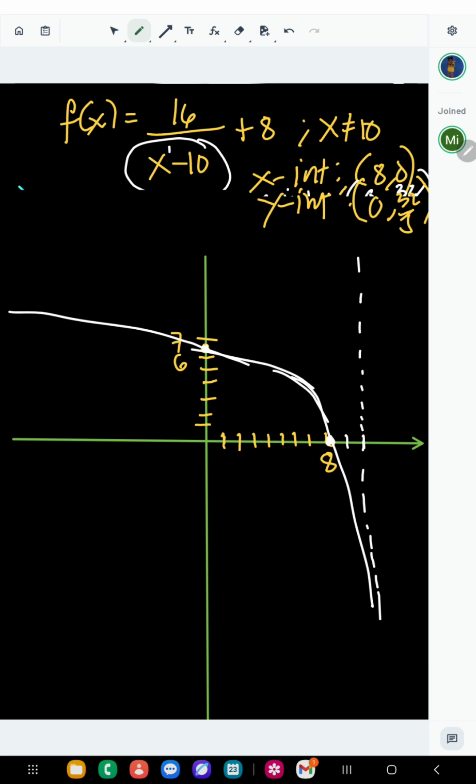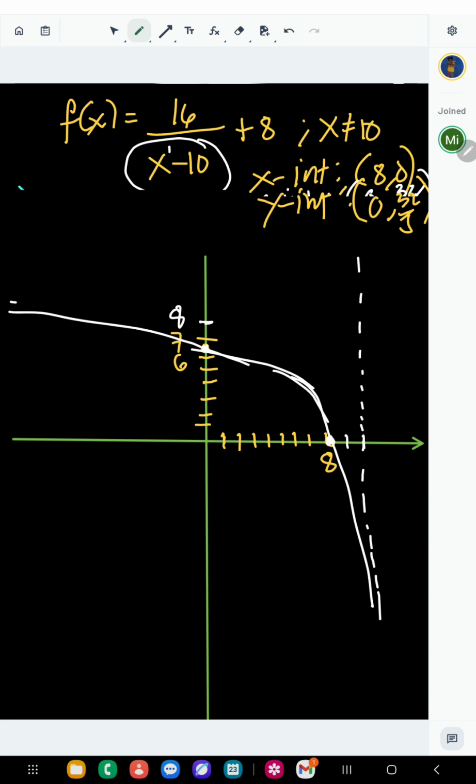And then the horizontal asymptote. What's that again? We divide the leading coefficients, because the degrees of the numerator and denominator are equal. That was 8, right?